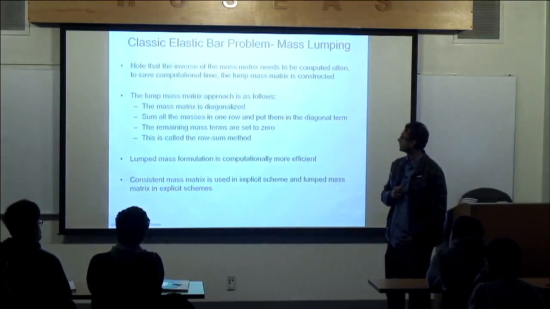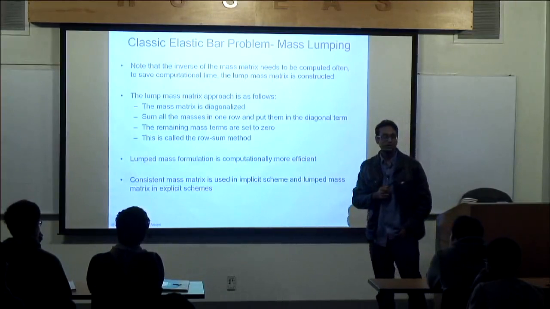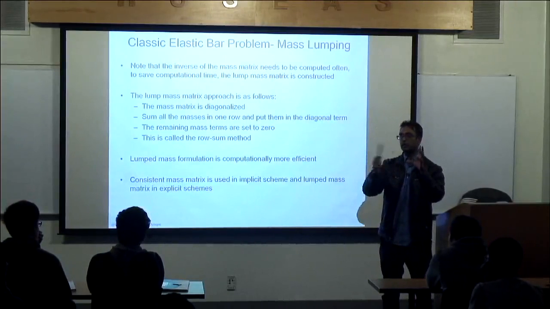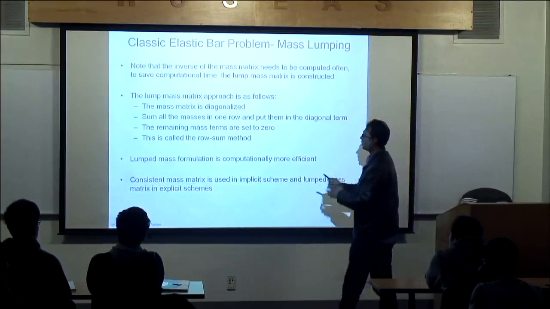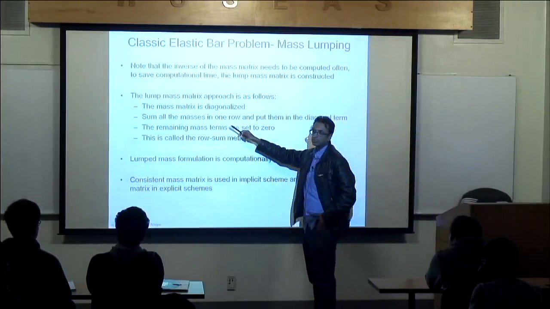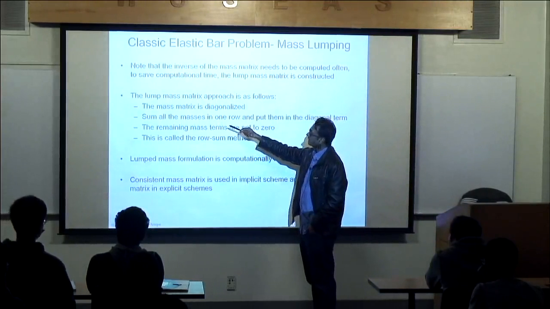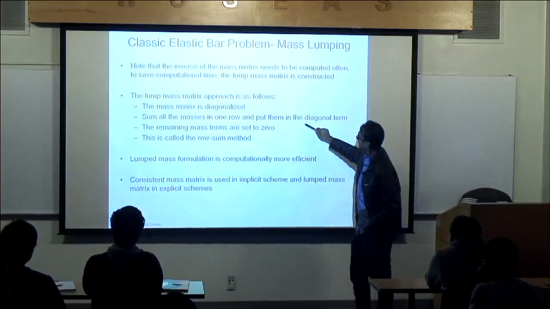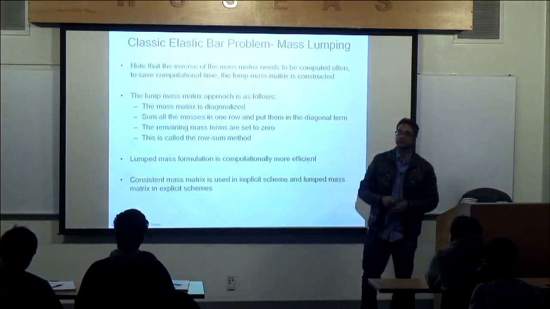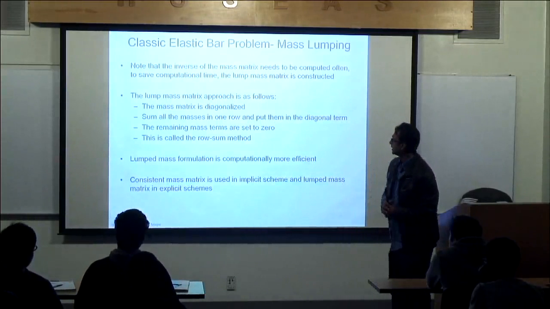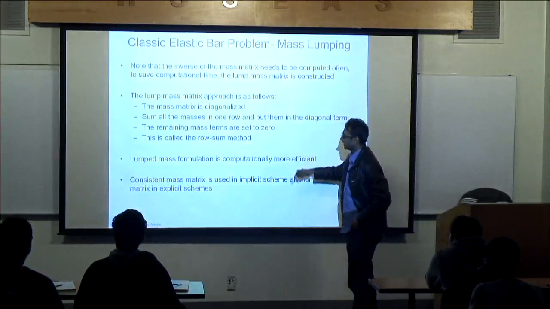All you're doing there is making the mass matrix diagonal by lumping all the off-diagonal terms into the diagonal term. I'll show you a couple of examples of how that works. One method is called the row sum method. You sum all the masses in one row and put them in the diagonal term. Then the remaining off-diagonal mass terms, you make them 0.